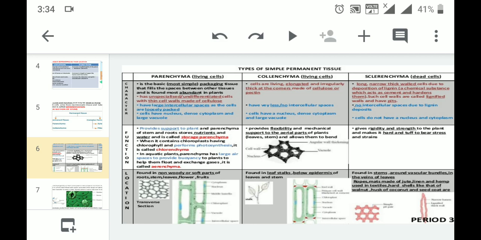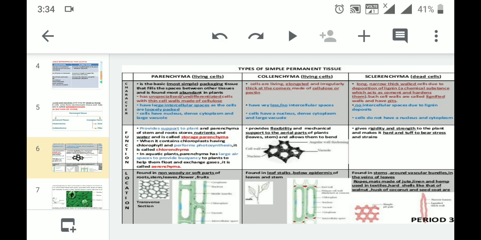Parenchymatous cells have a nucleus, dense cytoplasm and large vacuoles, whereas collenchyma has a nucleus, dense cytoplasm and large vacuoles. In case of sclerenchyma, cells do not have a nucleus and cytoplasm.